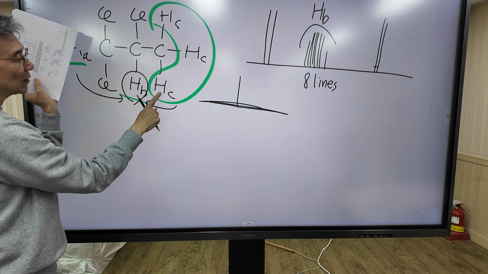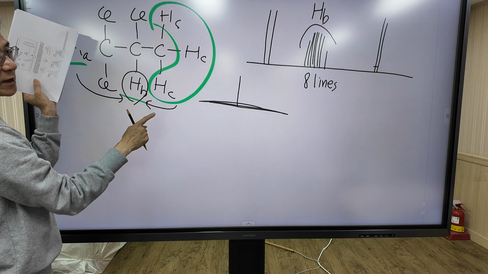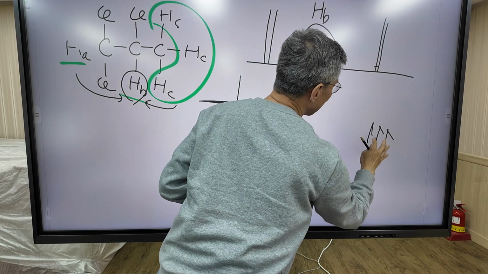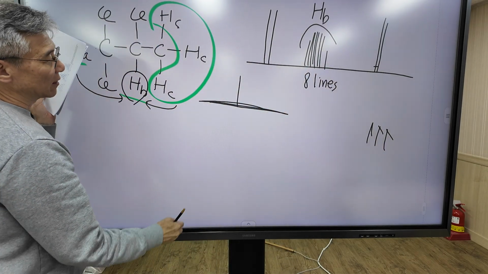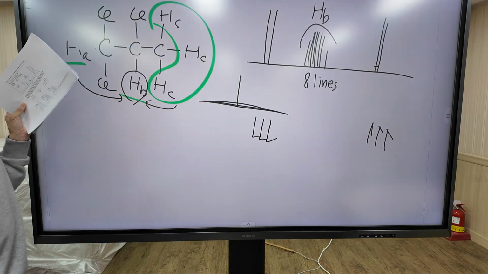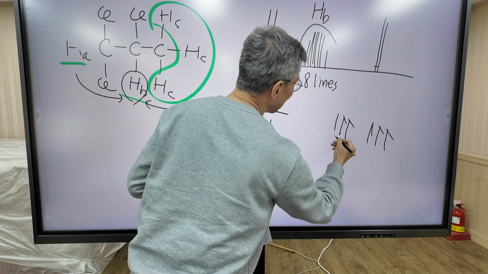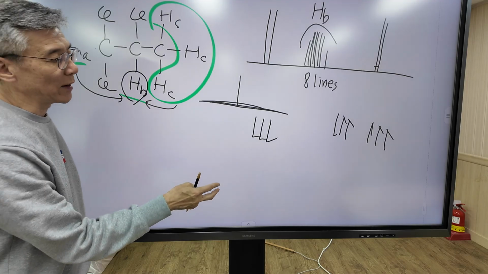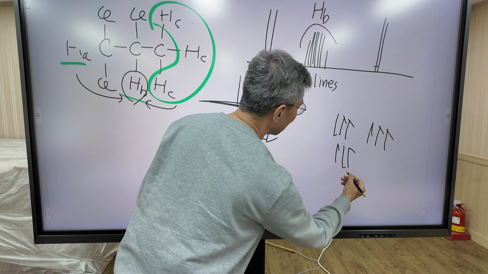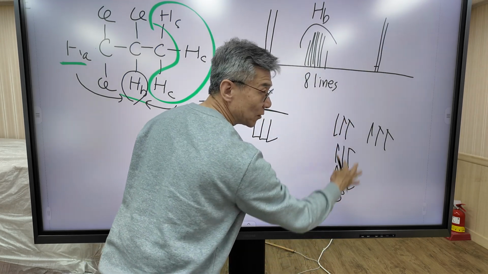Each proton has 2 possibilities, up spin and down spin, so we consider a total of 8 combinations. The first combination is all spins up, and another is down, down, down. The third possibility is 2 spins up, 1 spin down, and there are 2 more ways: up, down, up, and down, up, up. So there are 3 ways for this configuration.